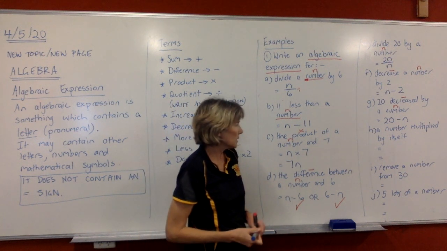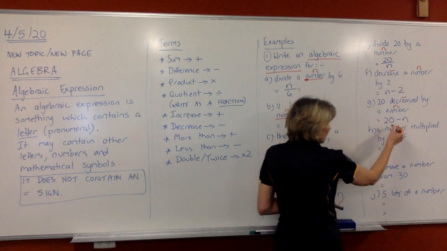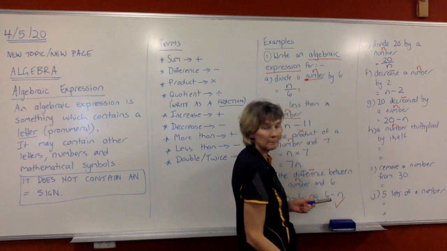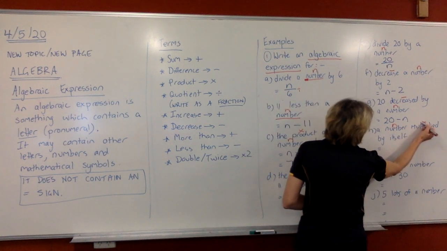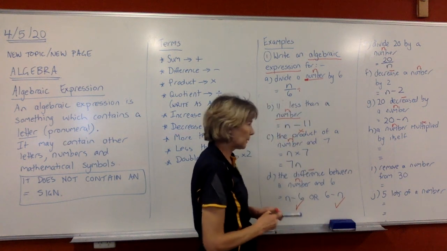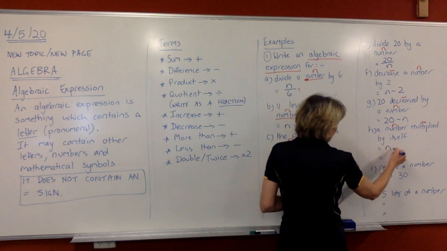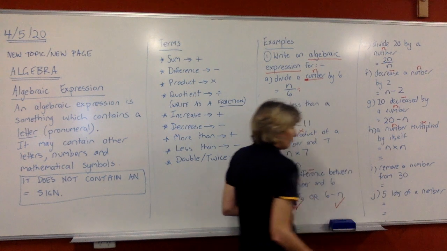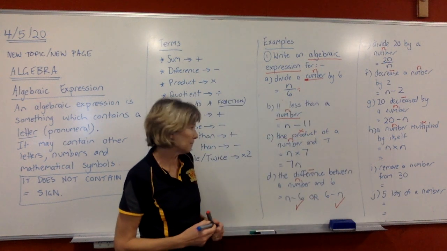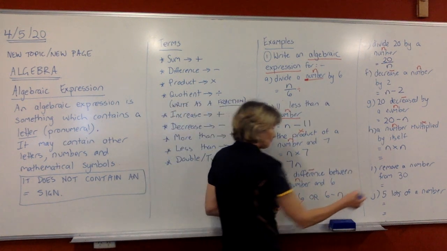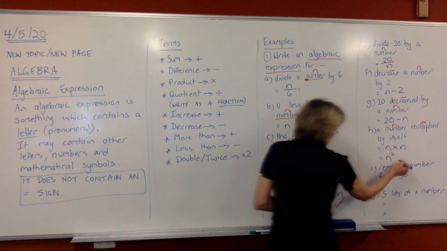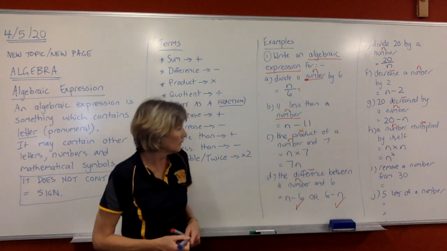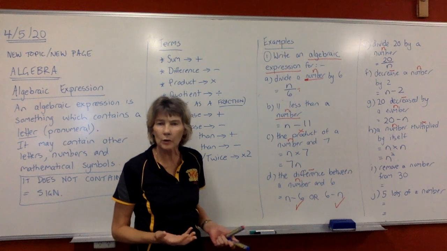The next one says it's a number, which is n, multiplied by itself. A number multiplied by itself. So we've got n multiplied by itself would be n times n. And we're going to simplify that to n squared.